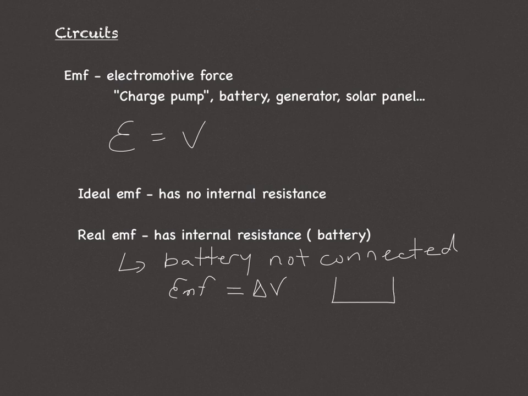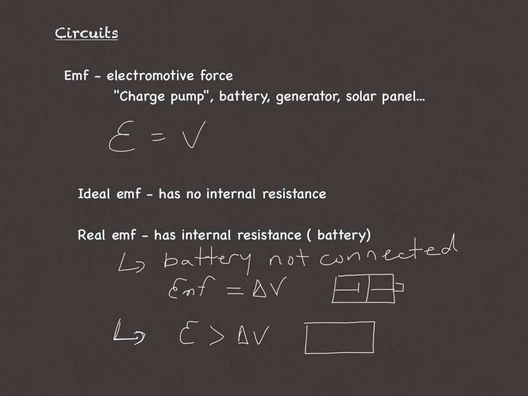So the battery looks like it does in the circuit. But if it has current moving through it, the EMF is going to be greater than the potential difference across the battery, because inside of the battery it acts like it has a resistor.